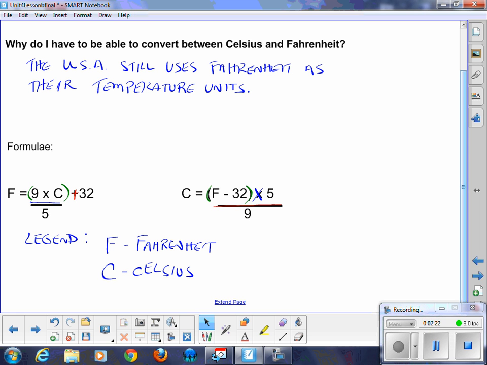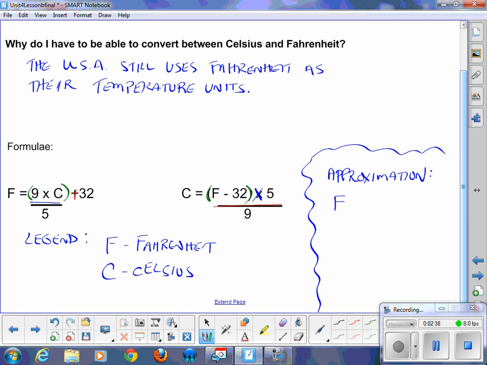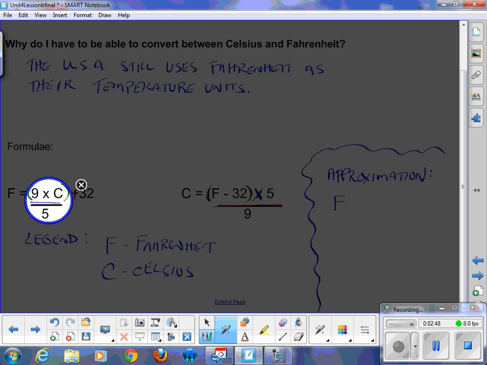Now if you just want an approximation, look at 9 divided by 5 in the Fahrenheit formula. This is kind of an aside. As you see it on the news or the sports forecast, if you just want a quick approximation, 9 divided by 5 is pretty much just 2, because it's close to 10 divided by 5.